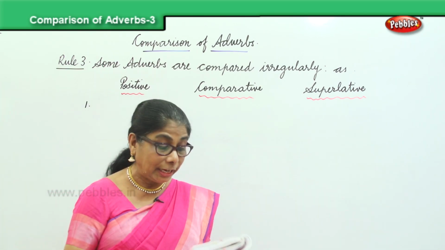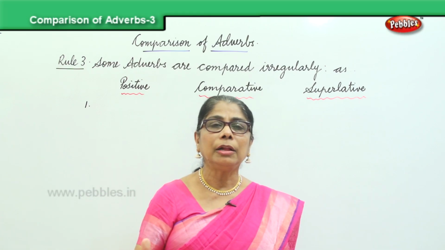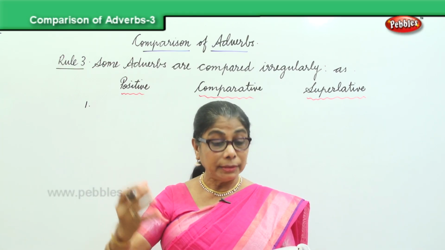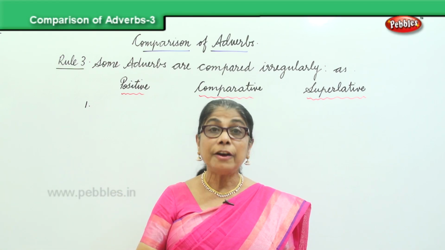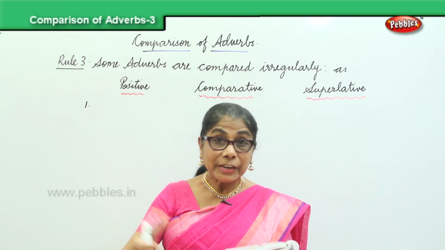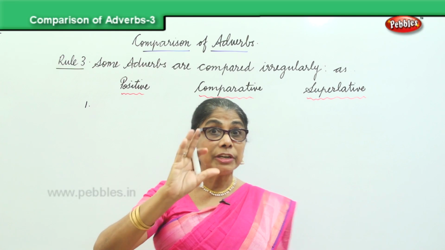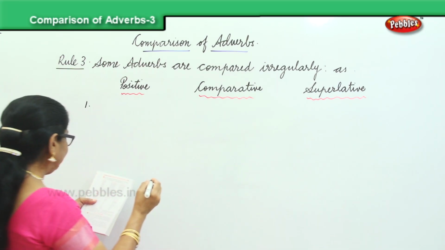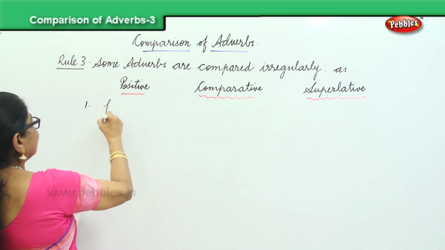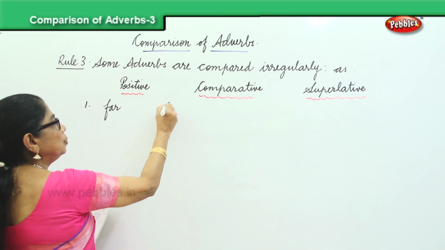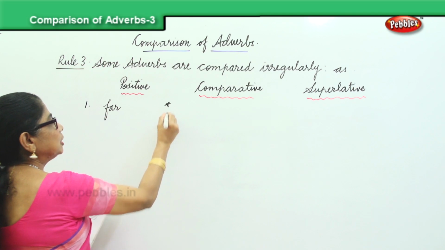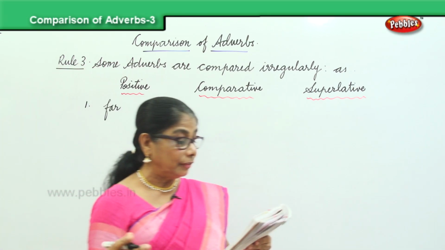So we've got to be very careful, like far, farther, farthest, or far, further. There are 2 different spellings. So we will do the first one, that is far. For the first word far, there are 2 different spellings and different ways of saying.